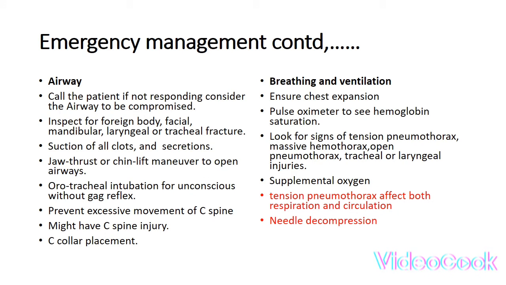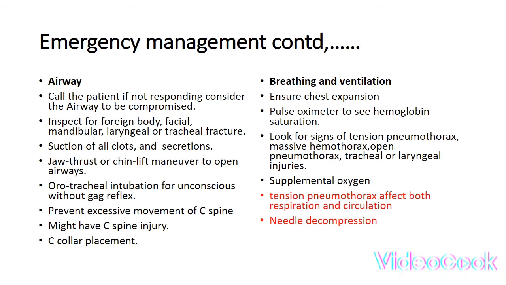Then on B, breathing and ventilation, we ensure the patient's chest is expanding properly, and we use a pulse oximeter to see hemoglobin saturation. Then we look for signs of tension pneumothorax. This is where you do percussion and you will feel the chest is more resonant.